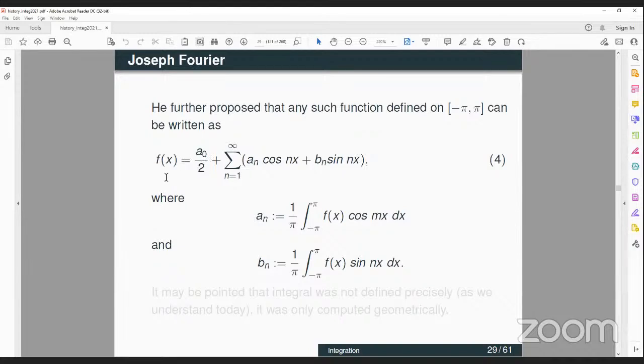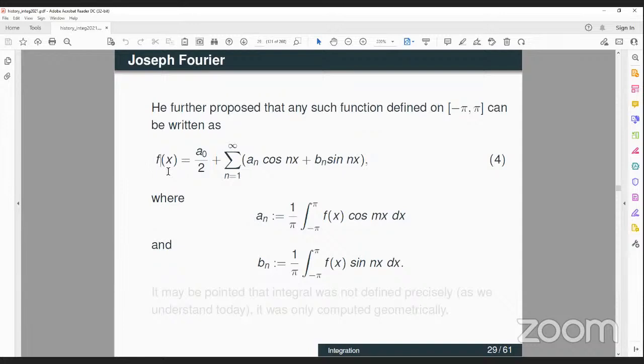Once again, these cos and sine are trigonometric functions, and this sum we have written as 1 to infinity. For Fourier, this did not make sense at all. It was a superimposition of cos and sine. And now in modern times, we write it as a_n.